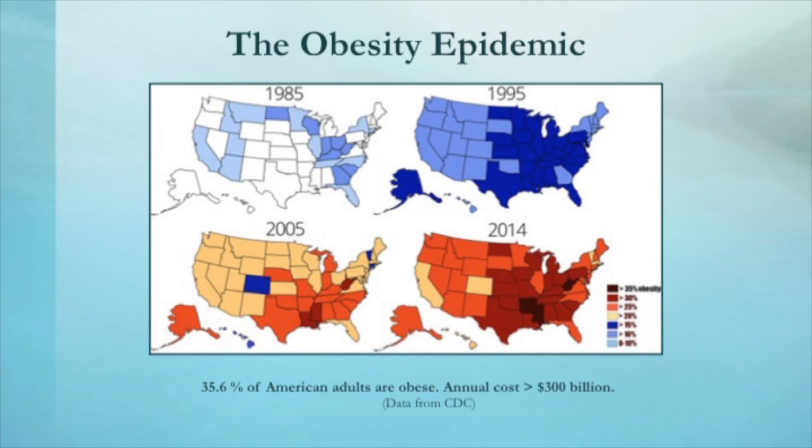And as those colors get darker, we're getting more and more obese, so that now fully over a third of the U.S. adults are obese. And that's a BMI of over 30. If you're looking at just overweight and obesity, we're talking 2/3 of U.S. Americans, adults, are overweight and obese. So this is a huge part of our population. A lot of people that can use our help.